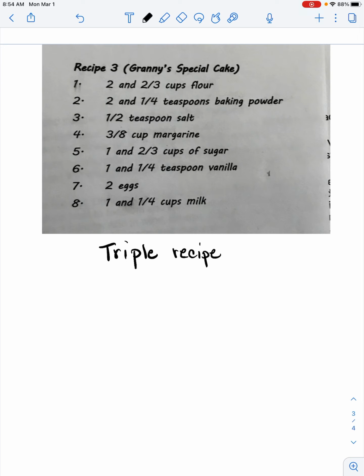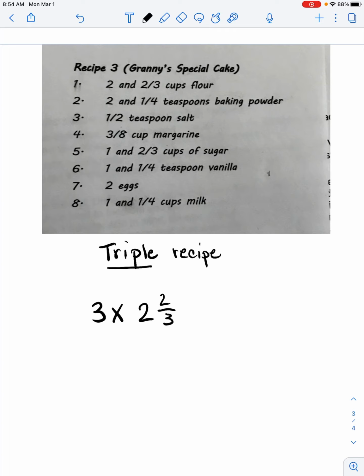All right? So I'm going to triple the recipe, and specifically I'm going to ask, how much flour would I need? Well, to triple means to multiply by 3. So I'm going to take 3 times the amount of flour, and the recipe calls for 2 2/3 cups. So I want 3 times 2 2/3.